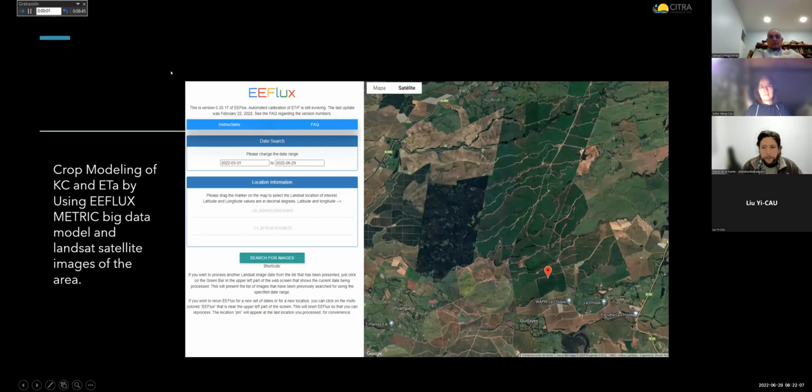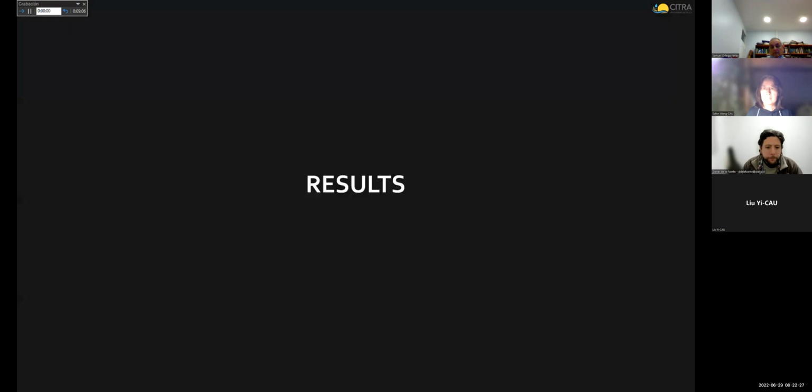To compute the METRIC model, in collaboration with Samuel Ortega Salazar from the University of Nebraska, we use the EEFlux METRIC model as a big data computation model to estimate the crop water consumption and crop coefficient.